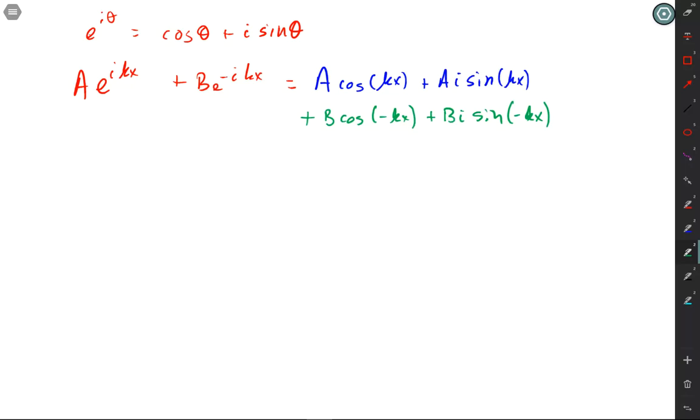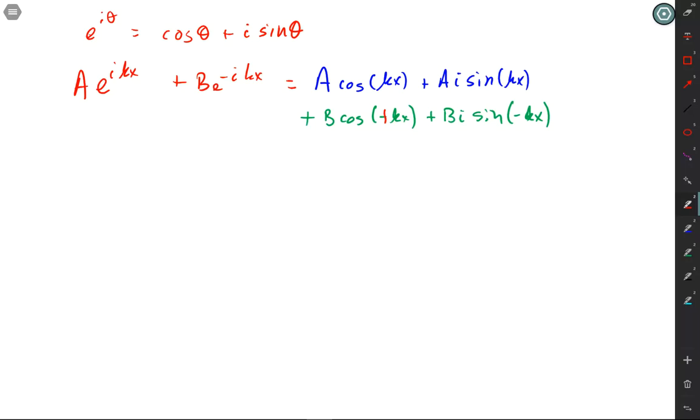Well, it's simpler than that. Because you have learned somewhere in your life that cosine is an even function. It's symmetric about 0. So cosine of minus kx is identically cosine of plus kx. So I'm going to change that to a plus sign, and it makes no difference. And sine of kx is an odd function.